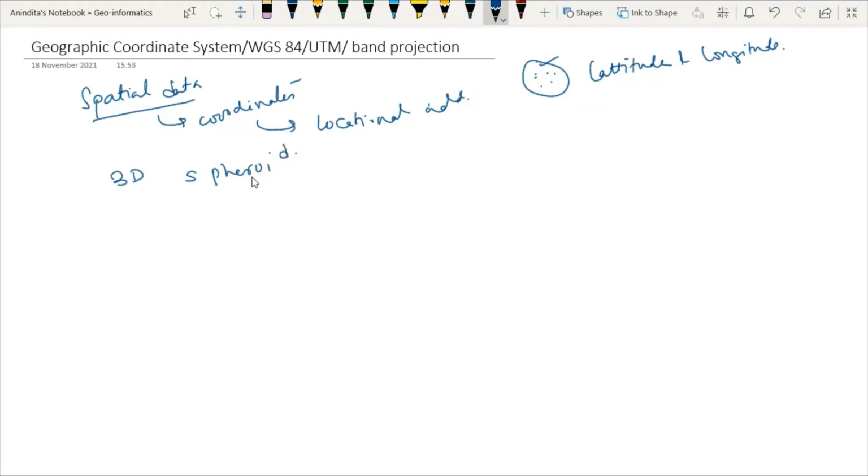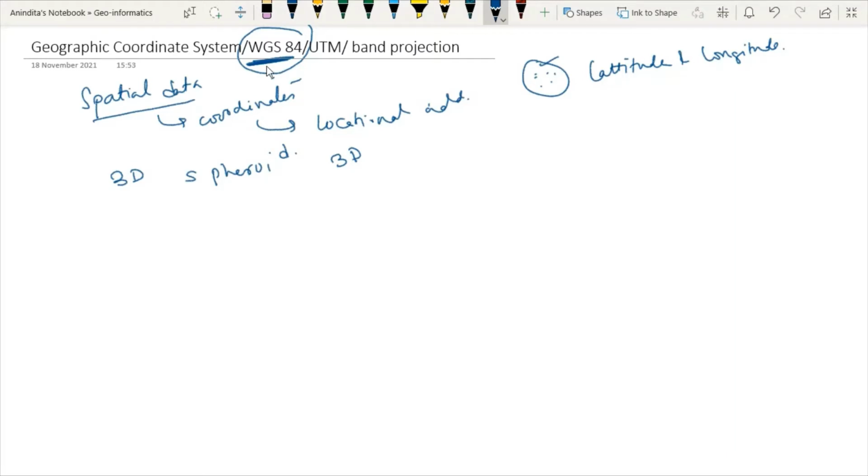So this thing we have to keep in mind, and it always follows a 3D coordinate system. The most important example of a geographic coordinate system is WGS 84. So now our first objective of this class is, what is this WGS 84?